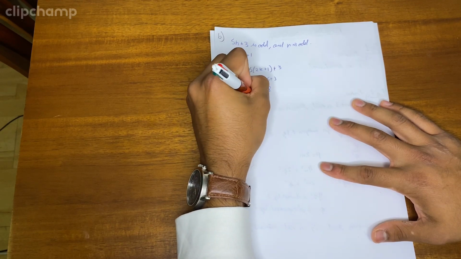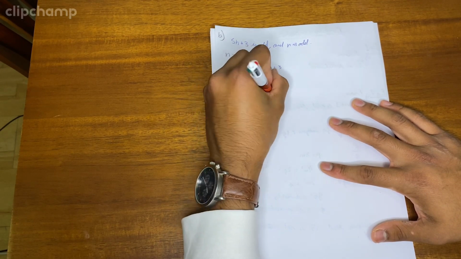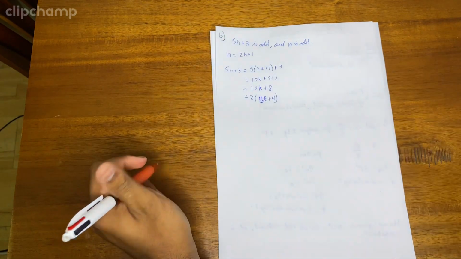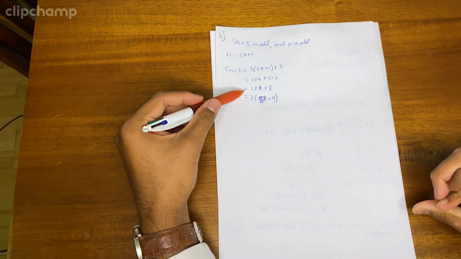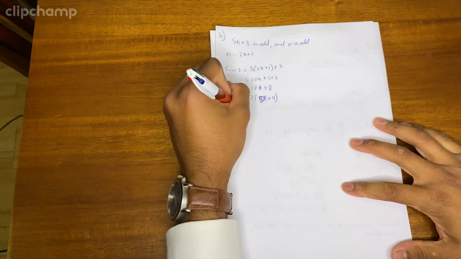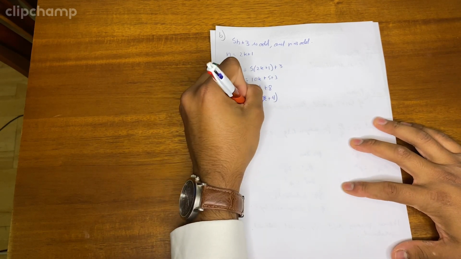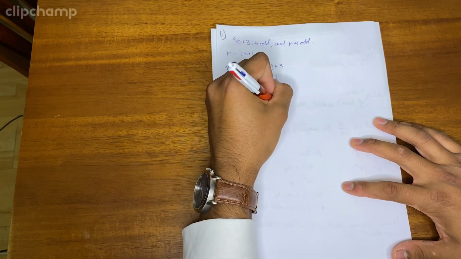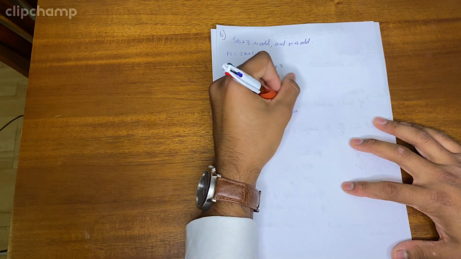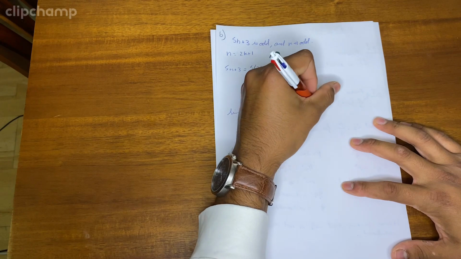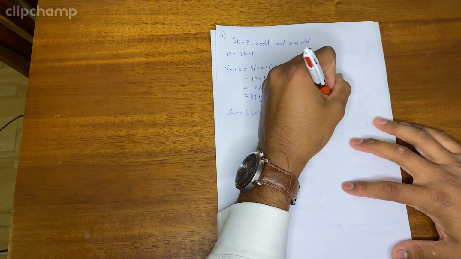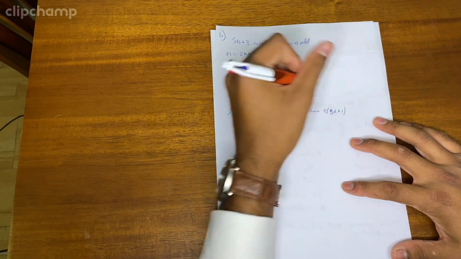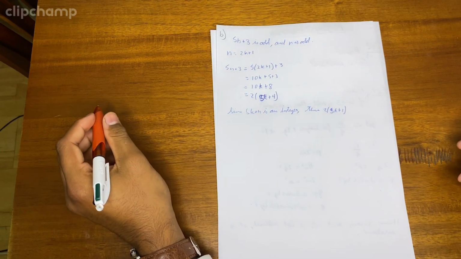(5k plus 4). Since 5k plus 4 is an integer, we know that 5n plus 3 is even.